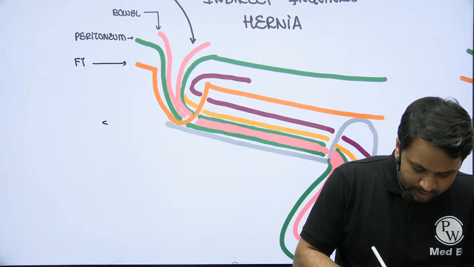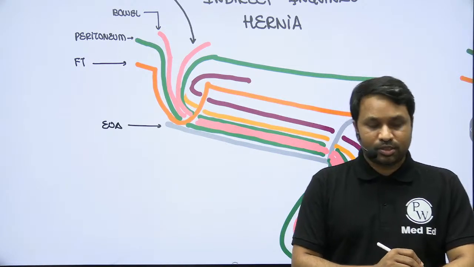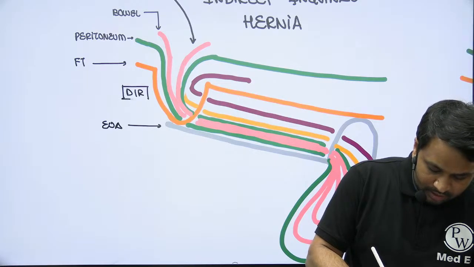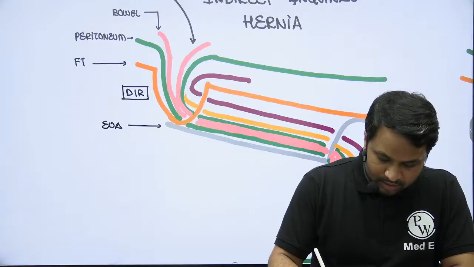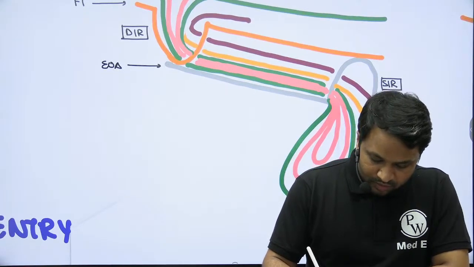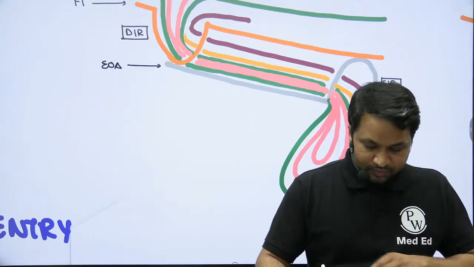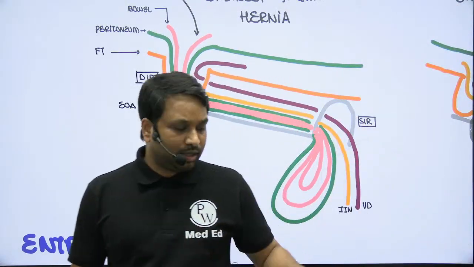This is your external oblique aponeurosis. This is your deep inguinal ring. This is your superficial inguinal ring. This is your vas deferens. This is your ilioinguinal nerve, right? So, this is how your indirect inguinal hernia is going to be formed.